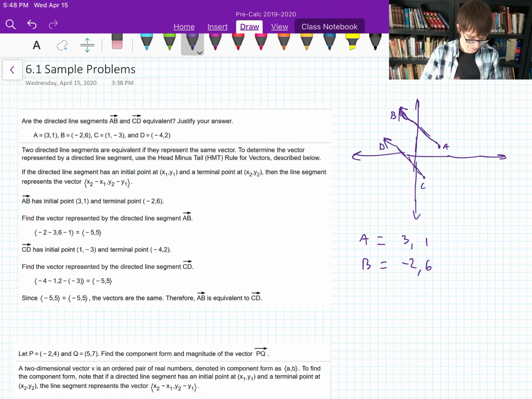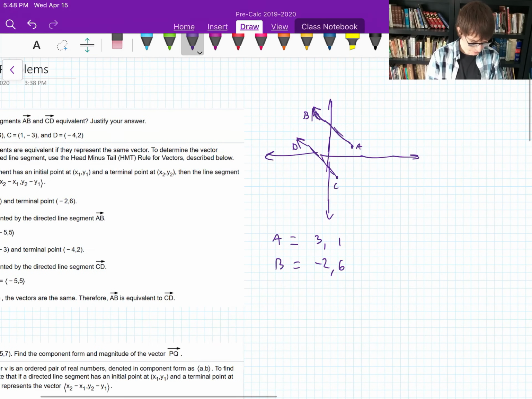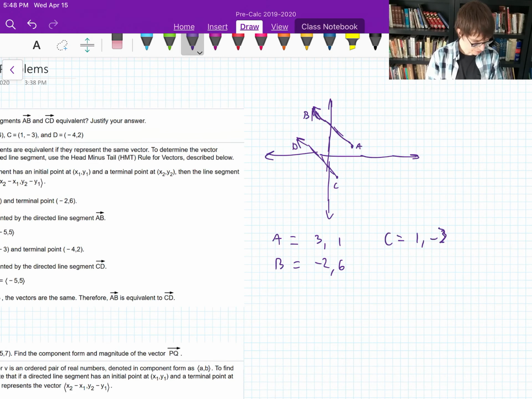And I want them to become the same. I want to translate AB to CD. And I can do that by adding x values to both and y values to both. C equals 1, negative 3, and D equals negative 4, 2.